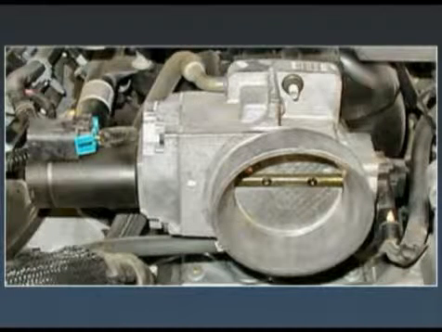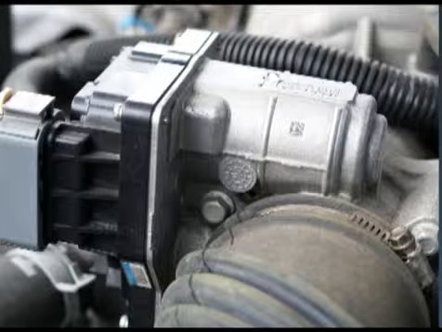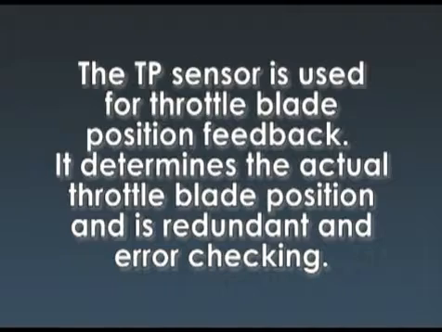All system types use an electrically controlled throttle blade. A DC motor moves the throttle blade from its default spring-loaded position. Directional changes are controlled by switching polarity of driver circuits contained in either the TAC module or the PCM. The TP sensor is used for throttle blade position feedback. It determines the actual throttle blade position and is redundant and error checking.